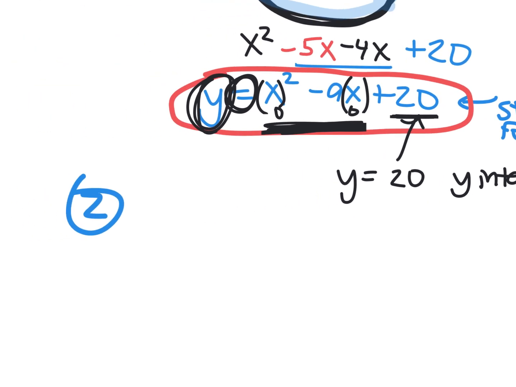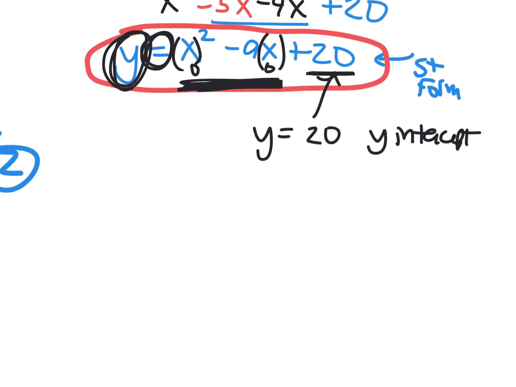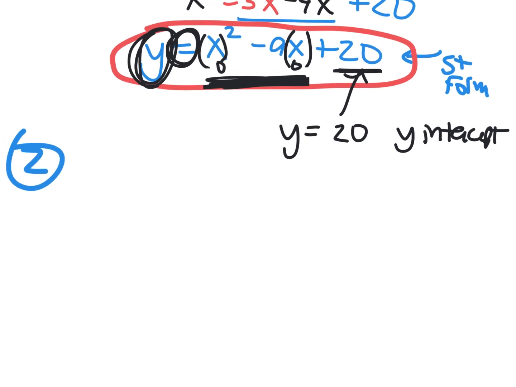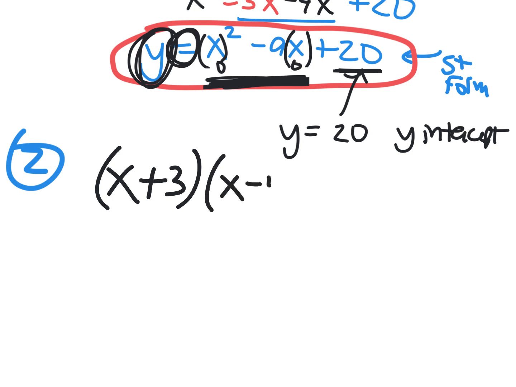Okay, so let's do another one, number 2. Surreal, can you read me number 2? X plus 3 in parentheses. Yep, I got that. X plus 3 in parentheses, and then? Multiplied by x minus 4. Thank you.